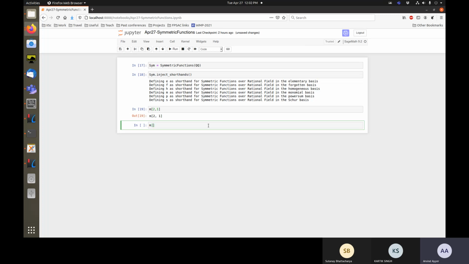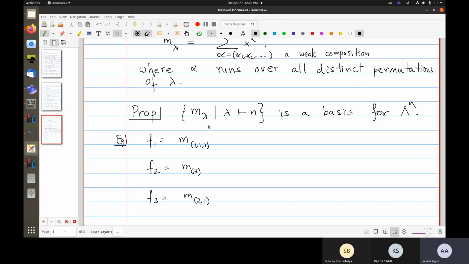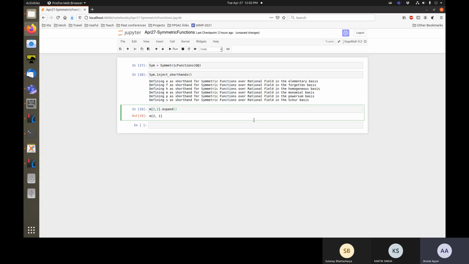For now let me just show you. If I use the phrase expand, it will often be useful to us to restrict the number of variables, as I said earlier. Suppose I just want to see how it looks in 3 variables, then m21 looks like so. As usual, indexes start at 0, so I have x0 squared x1, x0 x1 squared, etc. So I have 6 terms.